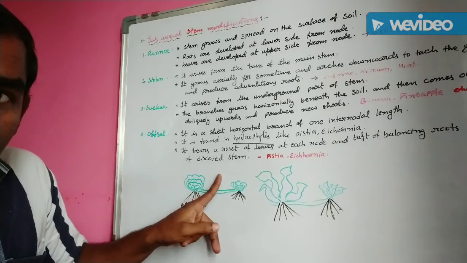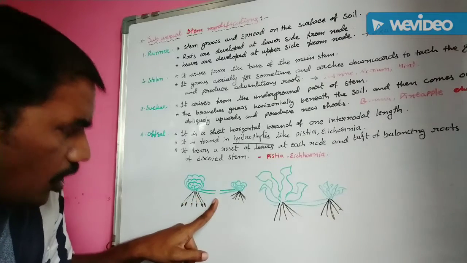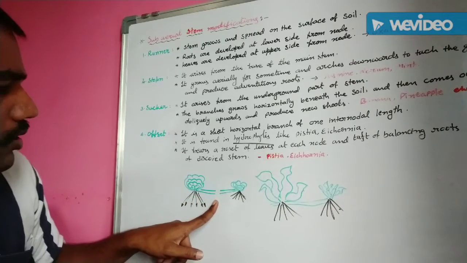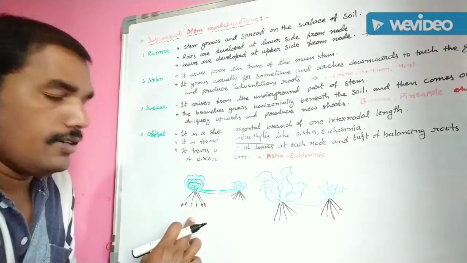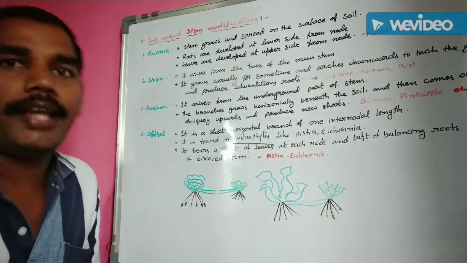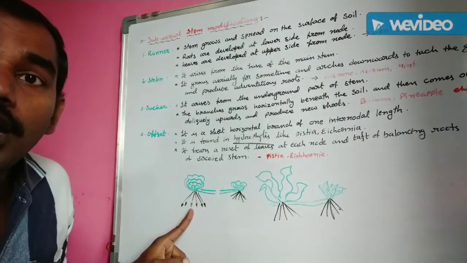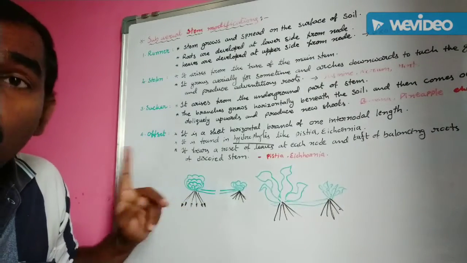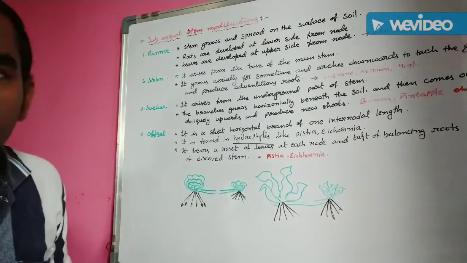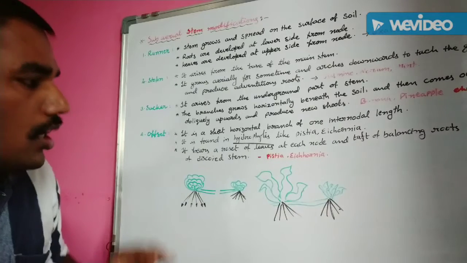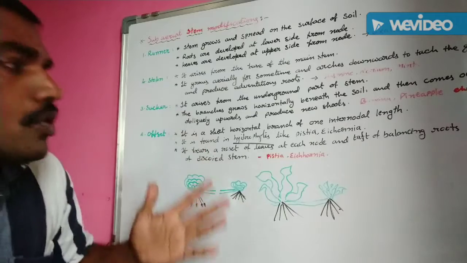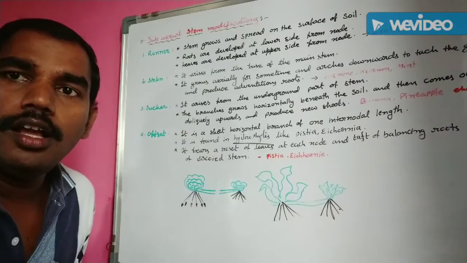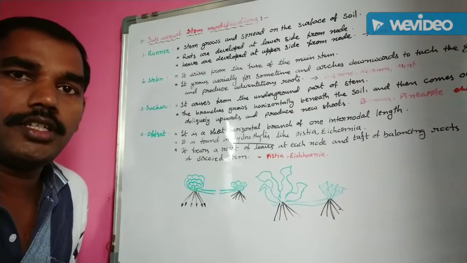If the internode breaks down, each nodal region lives as an individual plant, because it consists of a tuft of balancing roots and also a rosette of leaves. In this way, the offset reproduces offspring by the vegetative propagation method.